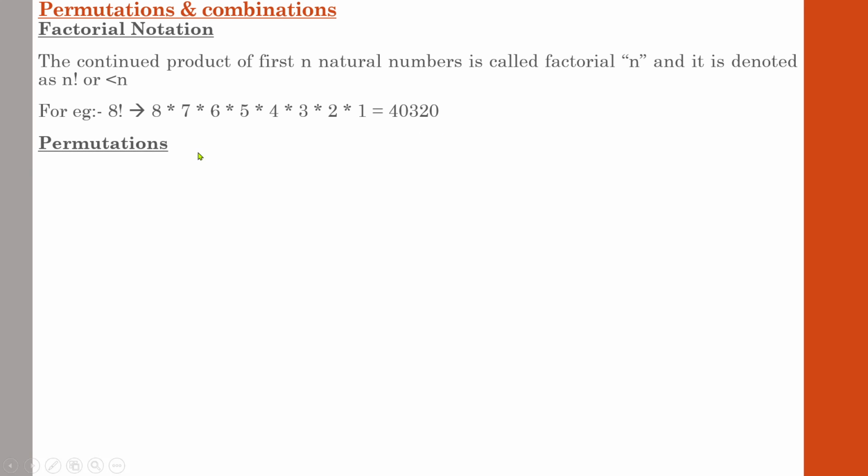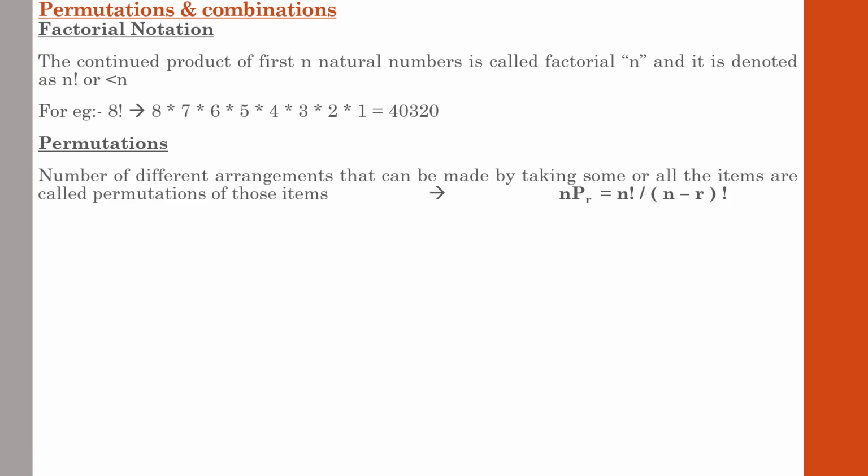So let us go to permutation, because one of the major functions we use in permutation is this factorial notation. Not only in permutation, we will be using the factorial notation in combinations also. So what is the meaning of permutation? The number of different arrangements that can be made by taking some or all the items are called permutations of those items.